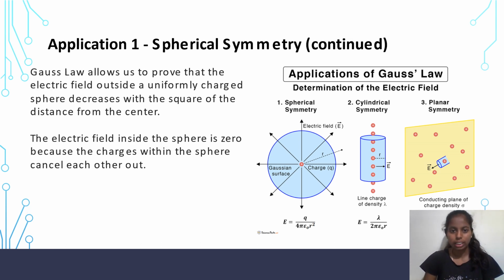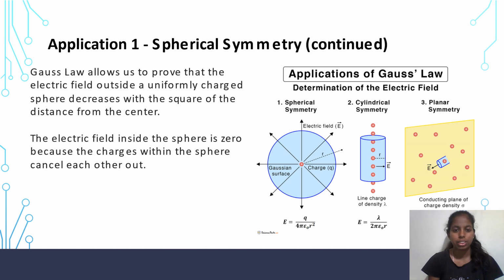Gauss law allows us to prove that the electric field outside a uniformly charged sphere decreases with the square of the distance from the center. From the formula of electric field through a spherical symmetry, we know that E equals Q divided by 4 pi epsilon naught r square, where E is the electric field, Q is the total charge, epsilon naught is the permittivity of free space, and r is the radius of the sphere.